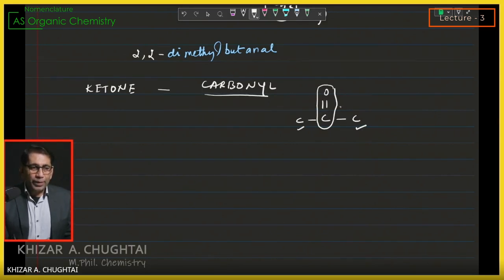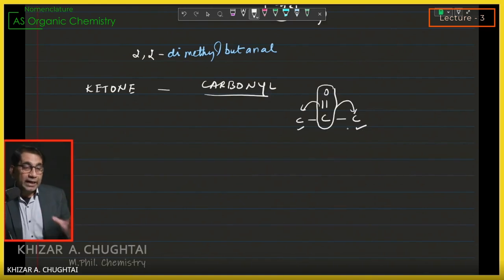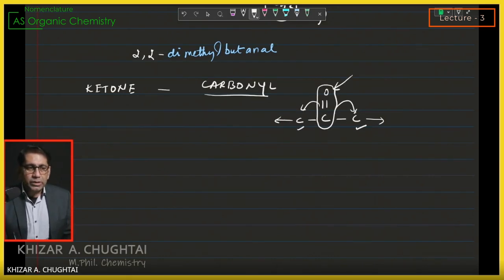I mean, this group is connected on its right and on its left with at least one carbon. There may be more than one carbon, but this carbonyl group is going to be present between two carbon atoms, right? The immediate neighbors must be carbon, a normal carbon or even a functional group carbon, but it should be carbon.